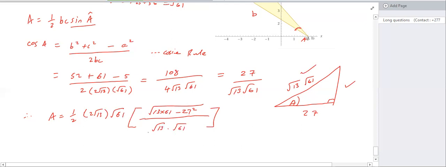Now you can see that root 13 and root 13 cancel out, root 61 and root 61 cancel out, and the 2 and the 2 cancel out. So the area is equal to square root of 13 times 61 minus 27 squared.